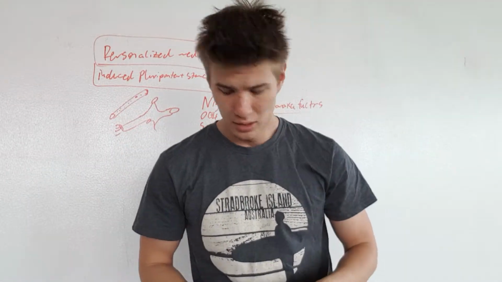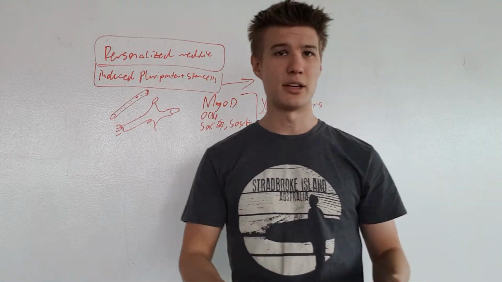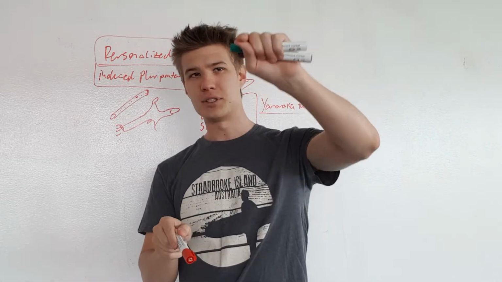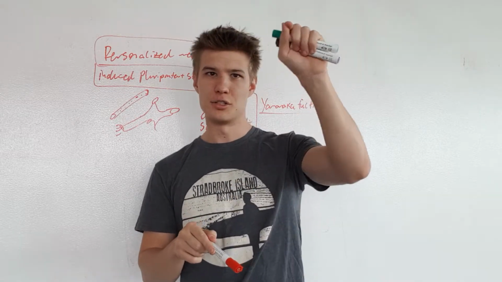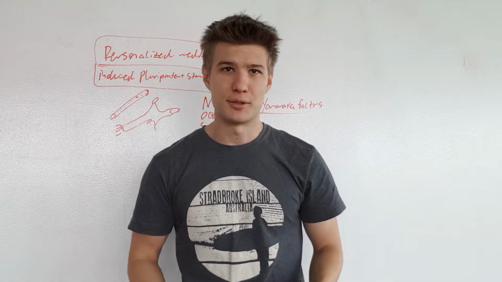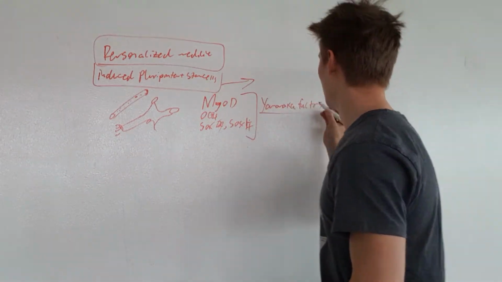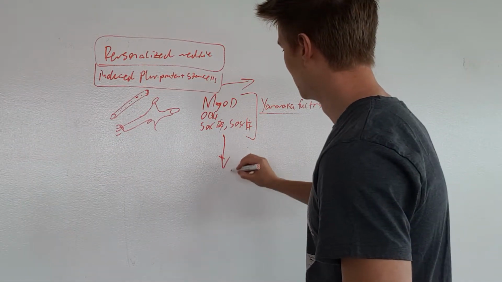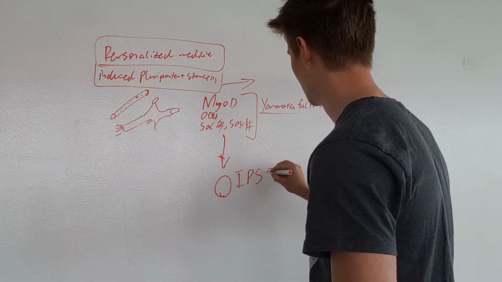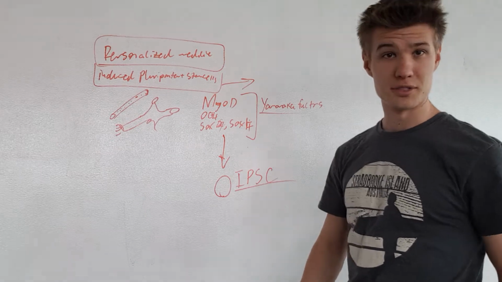little bit later. But you take your skin cell, you de-differentiate it, you take it up the chain to an induced pluripotent stem cell, and then you re-differentiate it into a brain cell. Right, so right after this, we get out a nice iPSC, induced pluripotent stem cell.